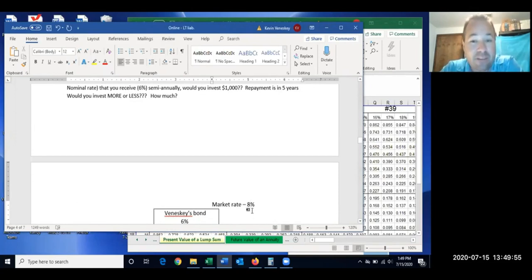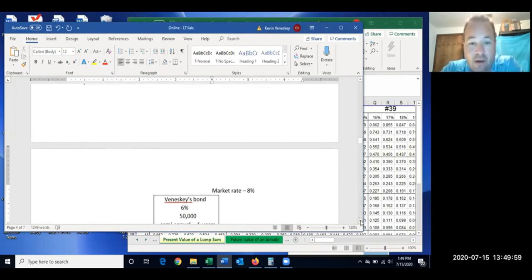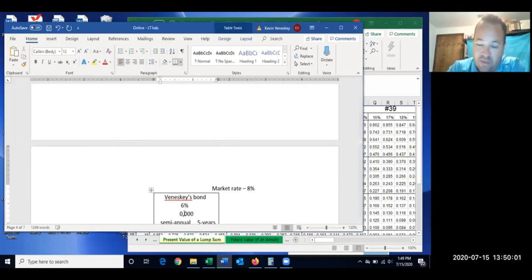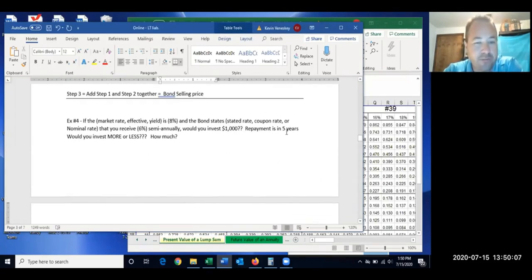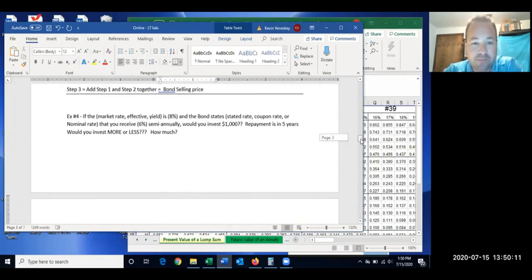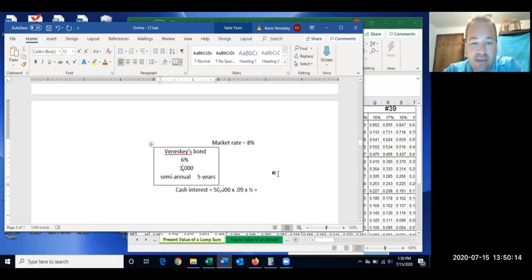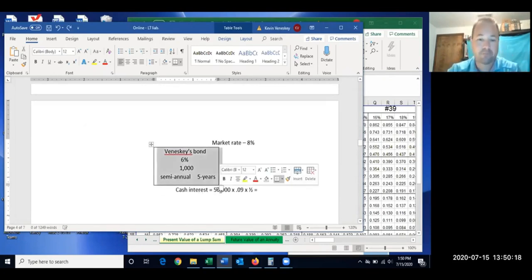That means I'm going to have to sell my bond at a discount. And our bond is $1,000 due in 5 years, paying semi-annual interest. And we're going to decide then how much I need to sell my bond for.